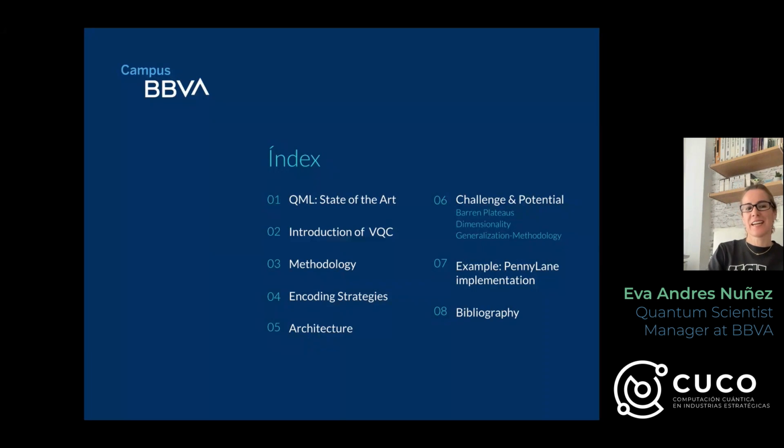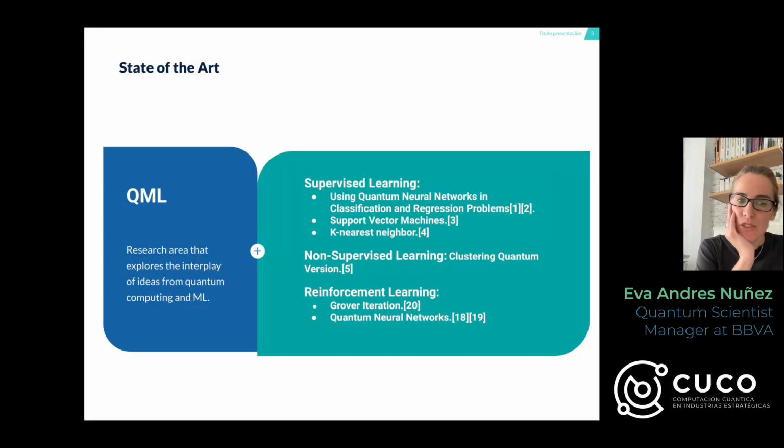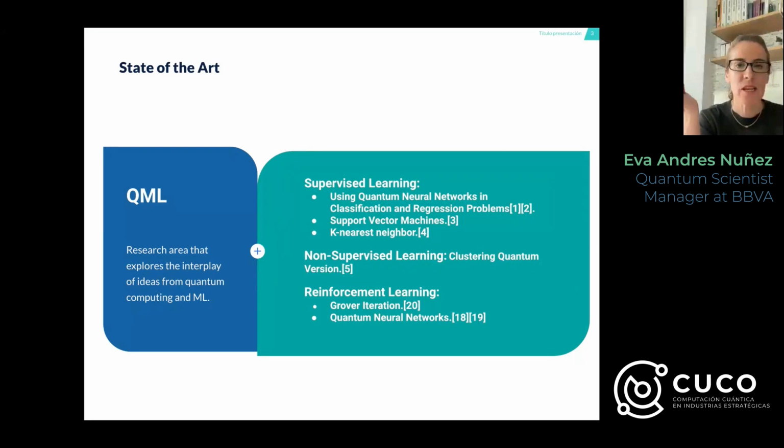So let's start. In the literature, we can find several approaches for supervised learning, for example, the use of quantum neural networks for classification and regression problems. We can also find the quantum version of Q-learning networks and also of support vector machines. Related to unsupervised learning, we can find the quantum version of clustering.